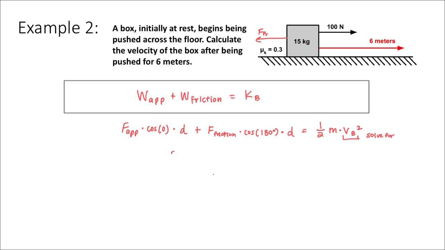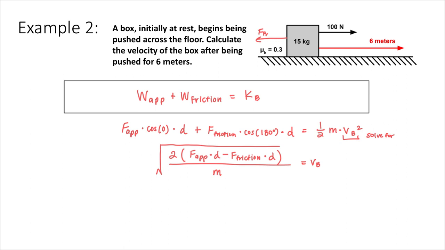So I can say that 2 times the applied force times the displacement plus the force of friction, and we can show that as a minus now, because that cosine of 180 we can evaluate, times d. Then I'm going to divide by the mass, and then take the square root of the whole thing to get VB.